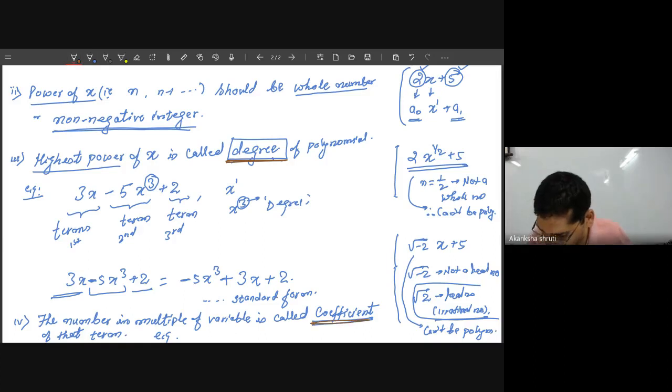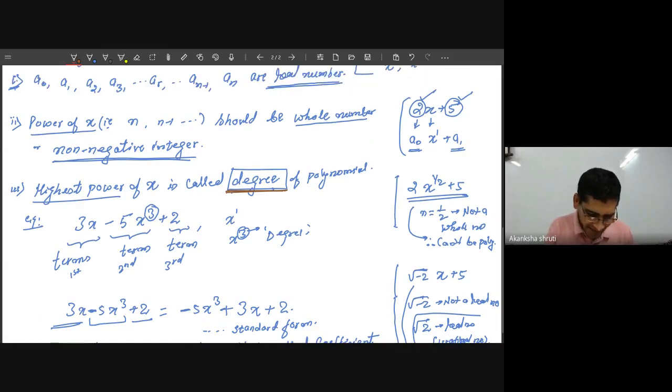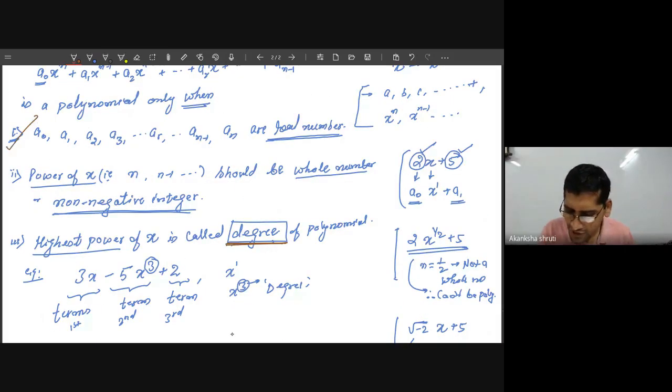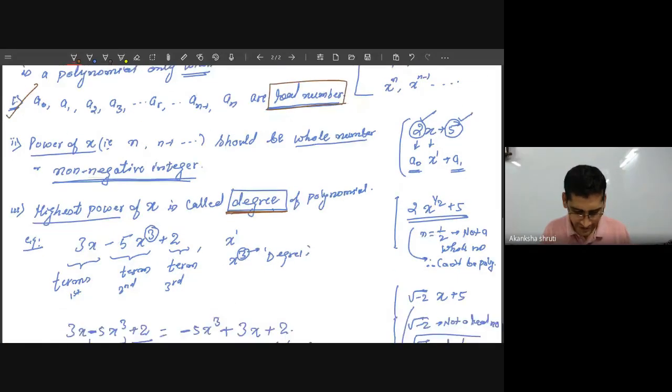This term we will now understand. Student, please understand this step by step, because in all these points whatever we have written, the coefficient should be a real number, so you must understand what this real number is. You have to apply that concept.